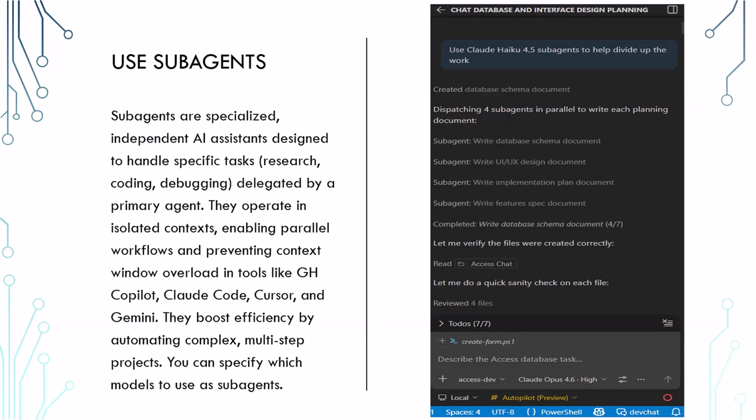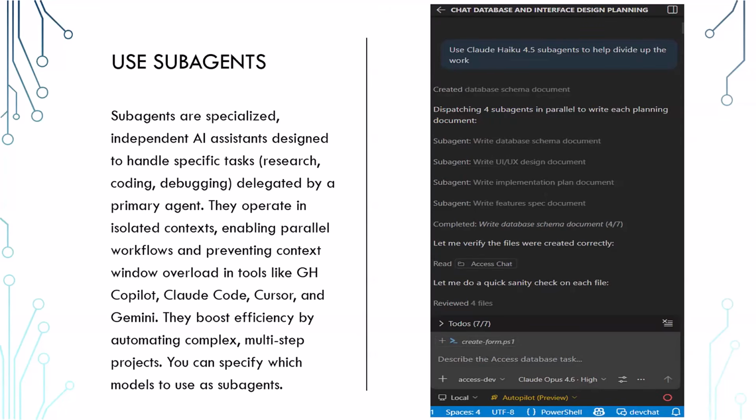So subagents are specialized independent AI assistants designed to handle specific tasks, such as research, coding, debugging, delegated by a primary agent. They operate in isolated contexts, enabling parallel workflows and preventing context window overload in tools like GitHub Copilot, Claude Code, etc. They boost your efficiency by automating complex multi-step projects.